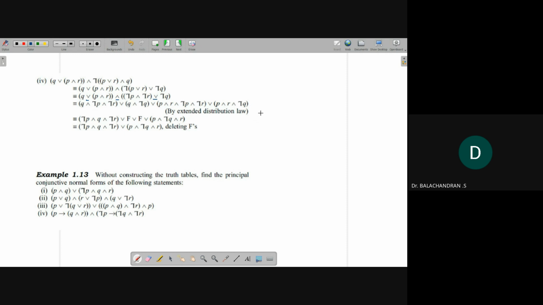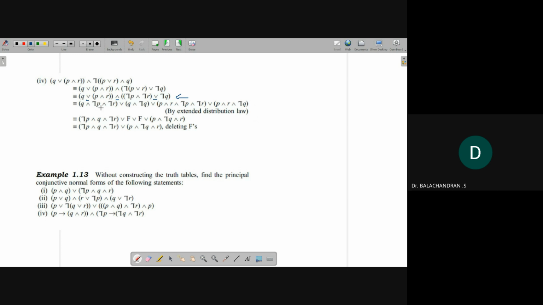But the only thing you need to identify is that in this place you can apply the extended distributive law. So Q and the whole term, negation P and negation R. That is the first term. And then R, Q and negation Q, R, P and R, and this term, negation P and negation R, P and R, and negation Q.